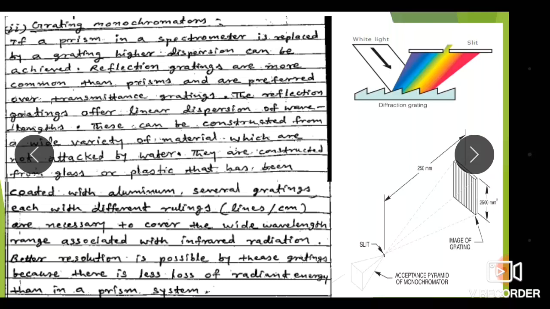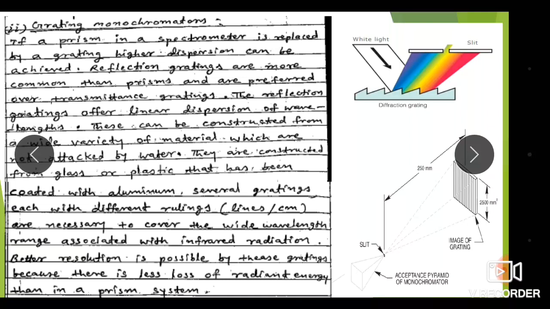That many lines or grooves are equally spaced on the glass plate, and diffraction of the light takes place due to these equally spaced ruled lines or grooves.